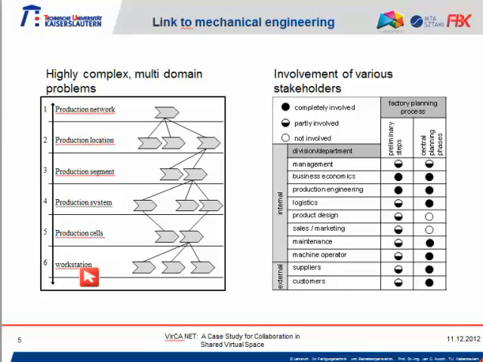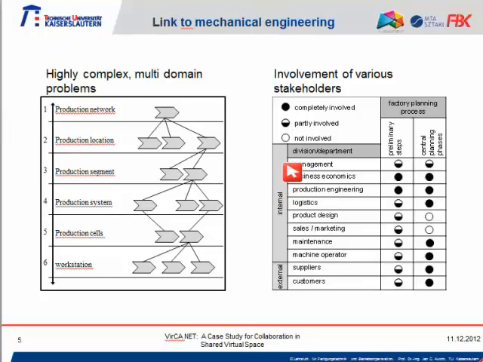So we have a very complex problem dealing with lots of different points of view and lots of different tasks. On the other hand, the involvement of a various number of stakeholders extends the problem even further. In today's factory planning processes, not only production engineers are involved, but also management.